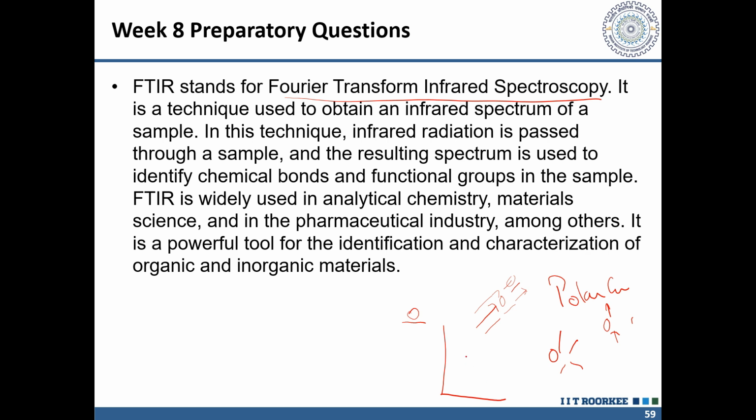So we can make a graph of absorbance or transmittance, which is energy, and wave number, which is the inverse of wavelength. And by the intensity of these peaks, we can identify how many groups are present in it.